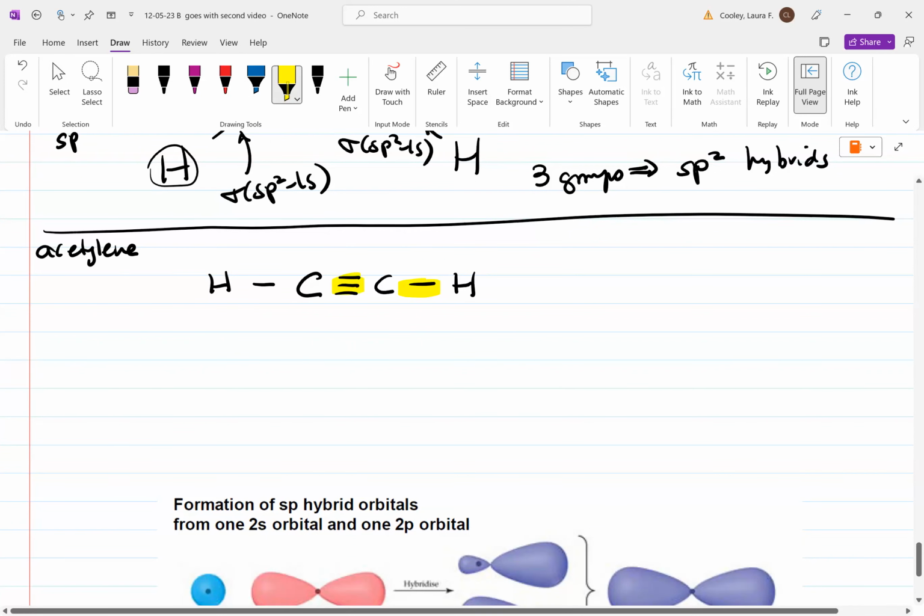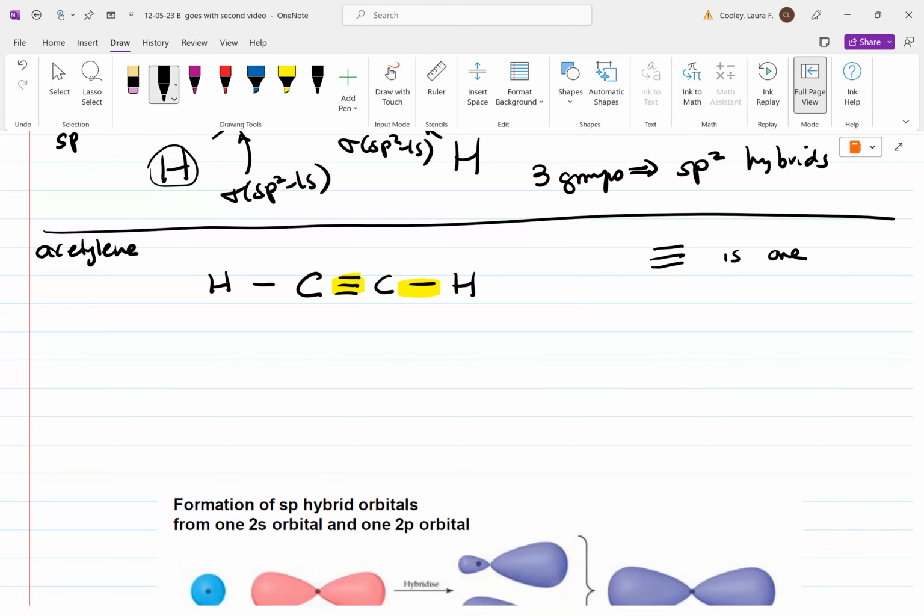So a triple bond is one group also. And so you have two groups of electrons. That's a linear molecular geometry, also electron geometry.